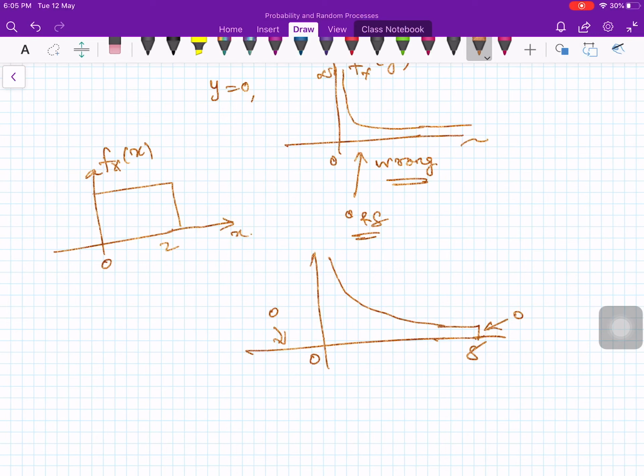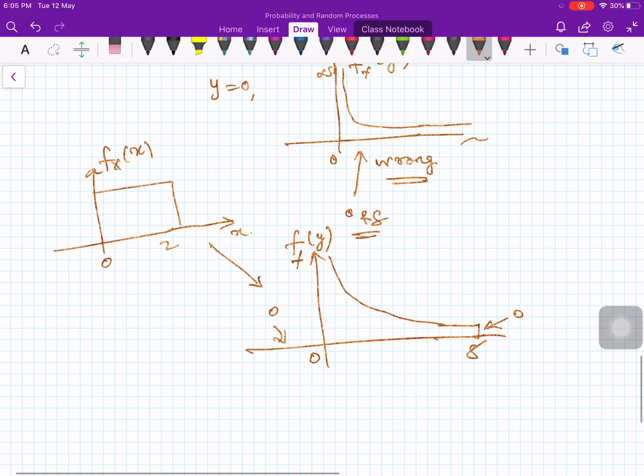But here you end with a non-uniform random variable. That means certain y's are more likely than others, even though we started with a uniform random variable. When I say non-uniform, that means some values are going to occur with more probability than other values. Okay. So that's the end of this problem.